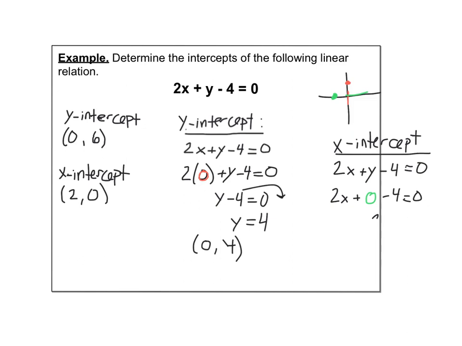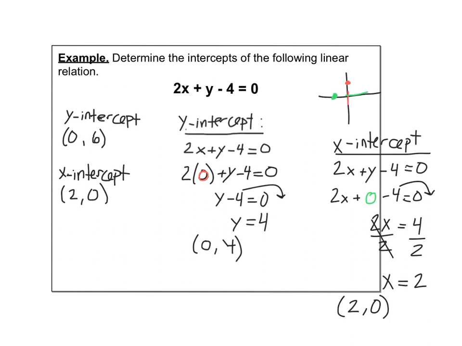And so if I just reorganize my equation, I have 2x on the left, and I'm going to put this 4 over there, and so that becomes a positive 4 because it was initially a negative 4. Divide both sides by 2, so that cancels out, leaving me with x is equal to 4 divided by 2, which is 2. And so our x-intercept coordinate is 2, 0.